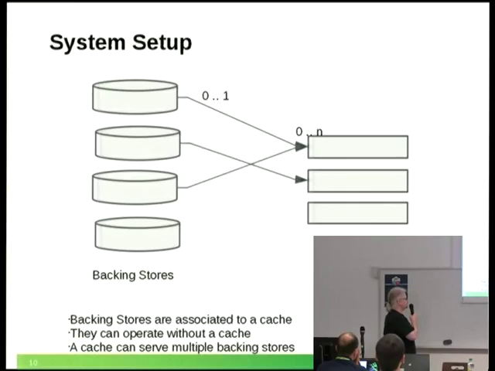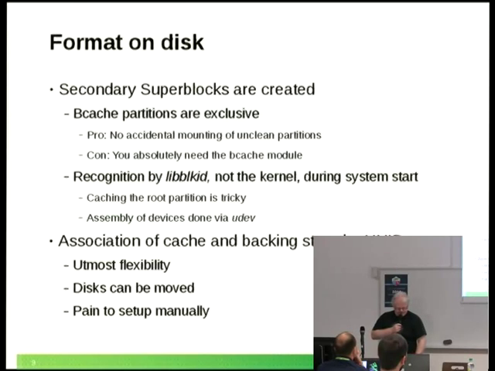I'm assuming here that the backing stores are actual rotational disks, so they're round. And the SSD are sort of rectangular. Anyway, so on your backing store and on your cache, you generate a special super block for Bcache, and secondary to that super block, you create the file system's actual super block on the backing store.